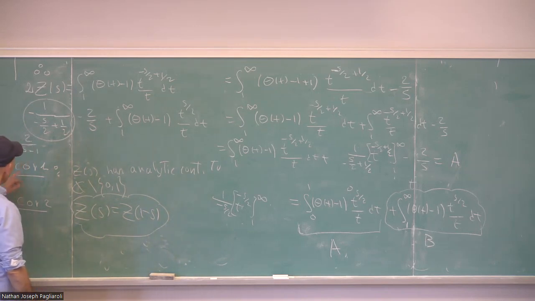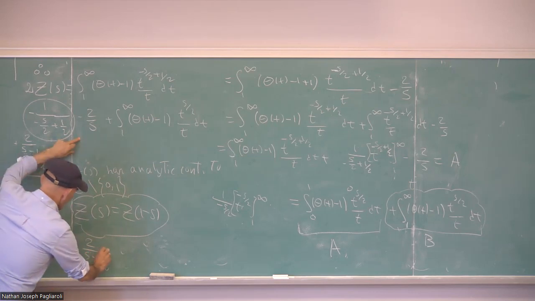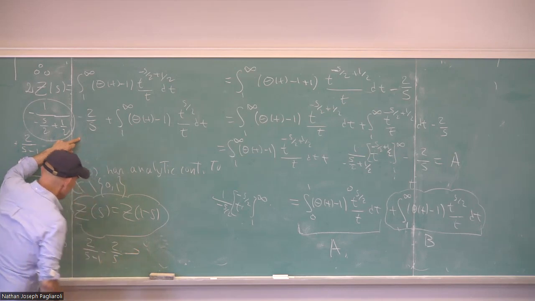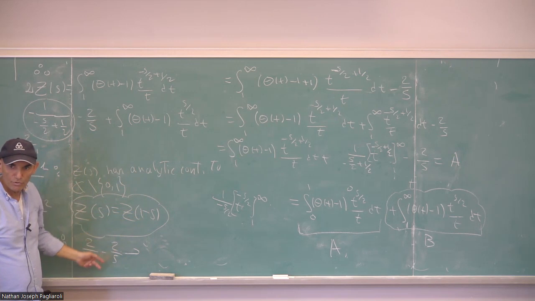First of all, let's check what happens to these two functions. We have 2 over s minus 1, minus 2 over s. If you change s to 1 minus s, what do we get?